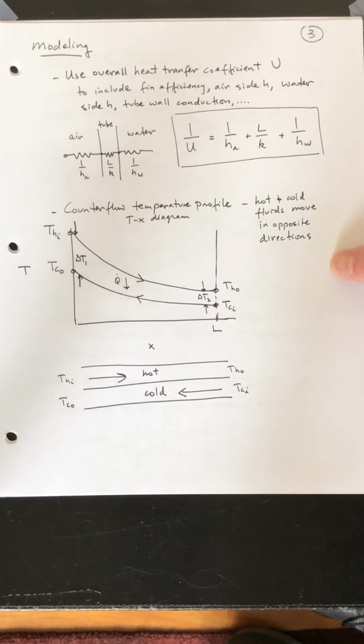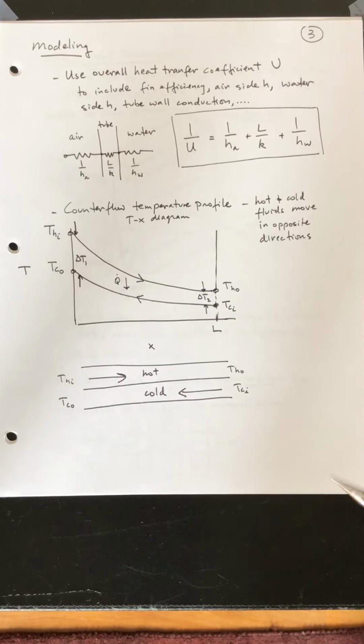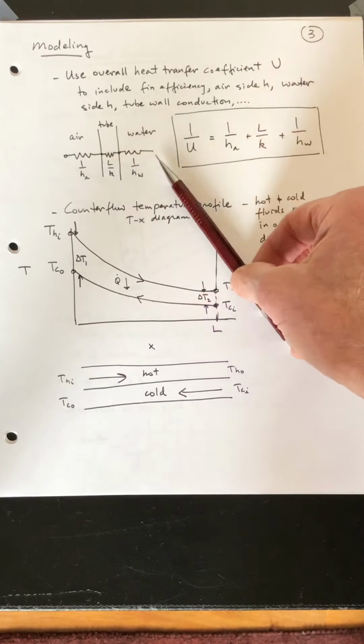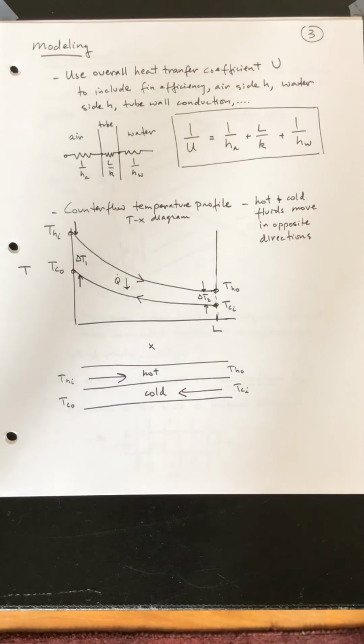Well, first off, we use an overall heat transfer coefficient, U, that includes the air side, the tube wall, and the water side heat transfer coefficients. It also includes the fin efficiency. I haven't included that in this particular equation. In many cases that's given to you in a problem, or you would just calculate that yourself before you tackle the main problem.